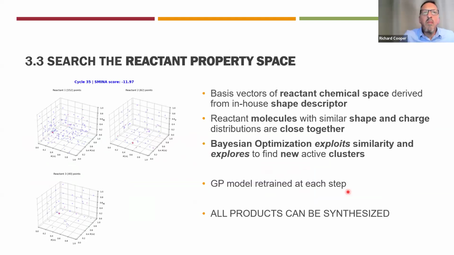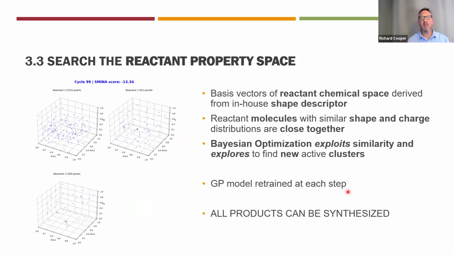Here it is. So we imagine these are our 3 molecules, and we somehow put them in their own little chemical space. In our case here, the chemical space is formed by the basis vectors derived from an in-house shape descriptor.